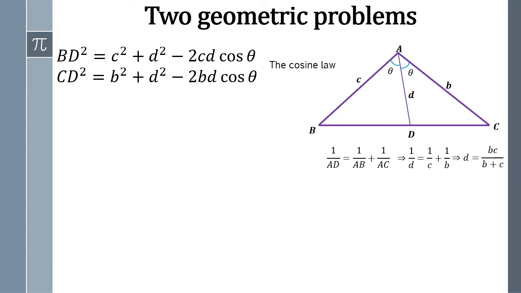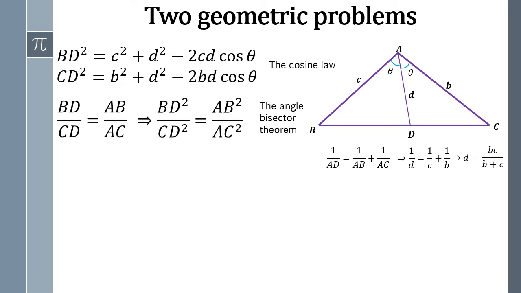Since I know AD is the angle bisector, I can apply the angle bisector theorem here, which is BD over CD equals AB over AC. And since in the cosine law, the left sides are BD squared and CD squared, I'm going to take the square on both sides of this equation, which leads to BD squared over CD squared equals AB squared over AC squared.